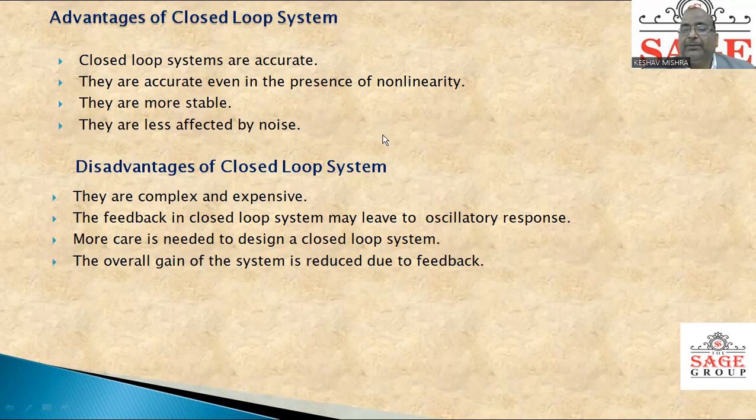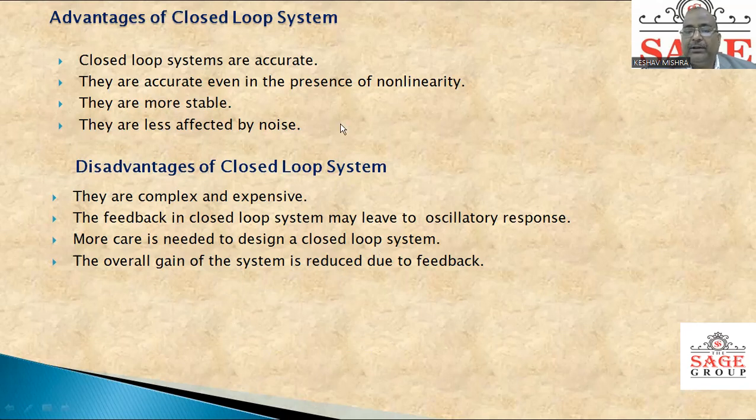But one major advantage of the closed loop system is the capacity to take automatic action to compensate for the variation in output because of external effects, because of external noise. But they are expensive and complex if we consider the disadvantages. So closed loop systems are complex and expensive compared to open loop systems. They are not stable.